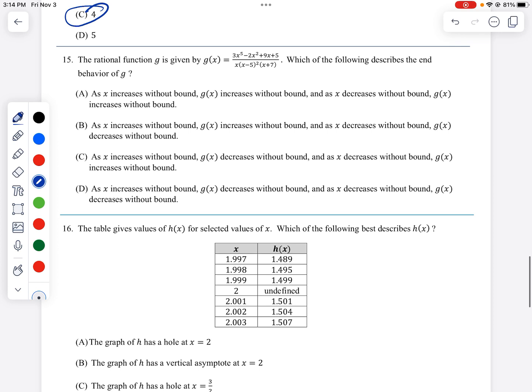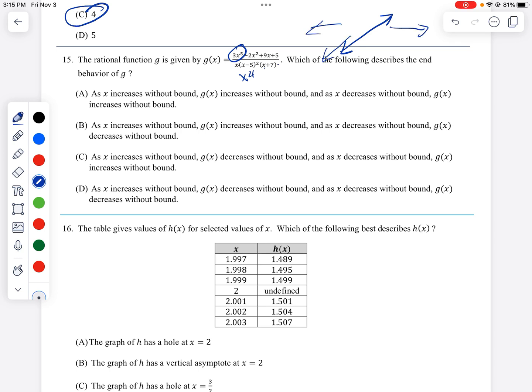So what describes this end behavior? Well, we know that this is a rational function. And if I look at the degrees here, the bottom is x to the 4th, and the top is the 5th. So we know it has a slant asymptote. So what happens as it runs along there? Well, as we move this way, it's going to go down.